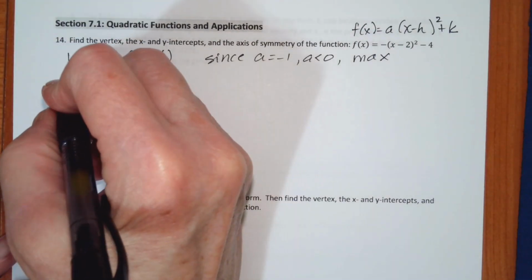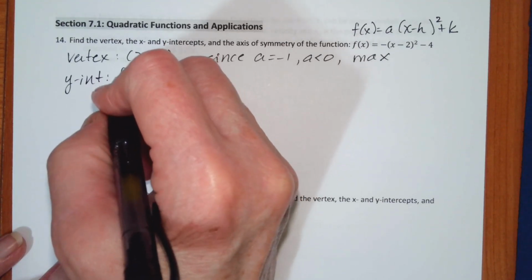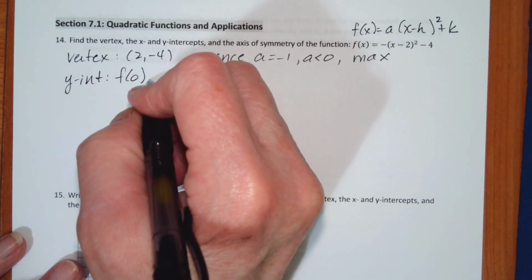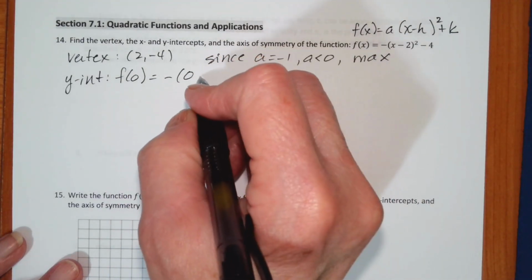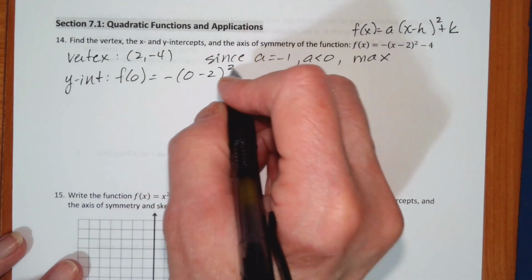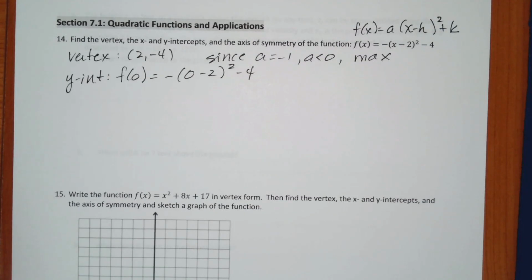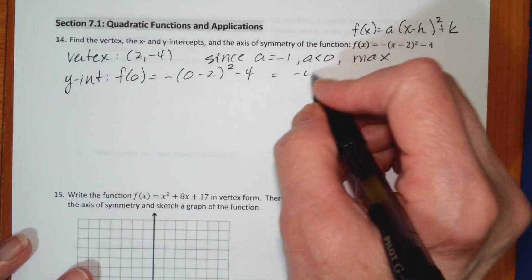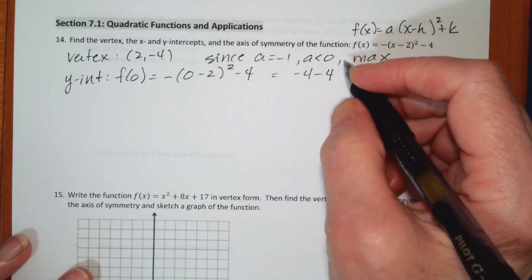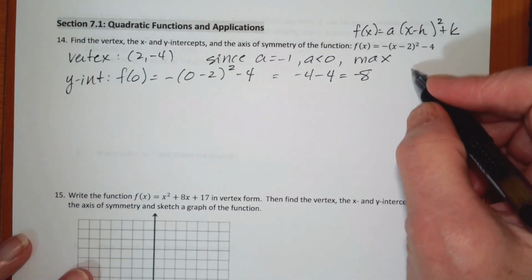Okay, now the y-intercept, I'm going to do it first because it's easy. Find f of 0. So f of 0 is the opposite of 0 minus 2 squared minus 4. So that gives me -4 minus 4, which is -8.